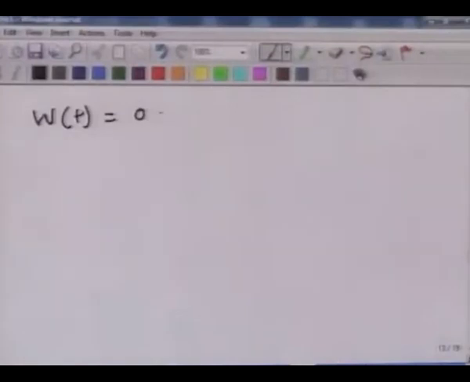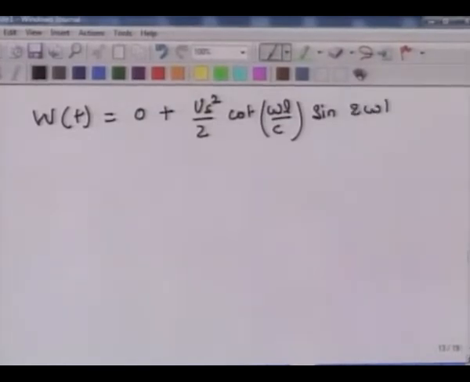So my acoustic power is 0 plus US square over 2 cotangent of omega L over c sine 2 omega t.